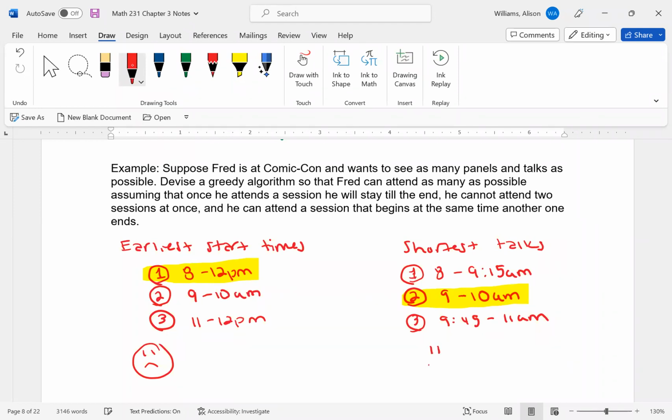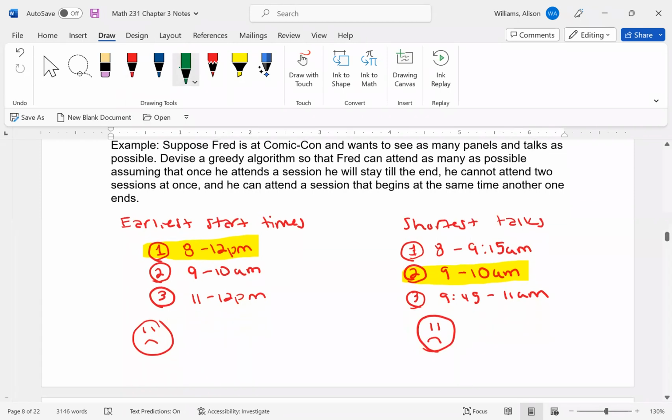So picking the shortest one doesn't work. All right. So here's the one that's going to work. You need to pick it by the earliest end time. Okay. Earliest end time. So let's see what happens in these schedules if we pick the earliest end time.